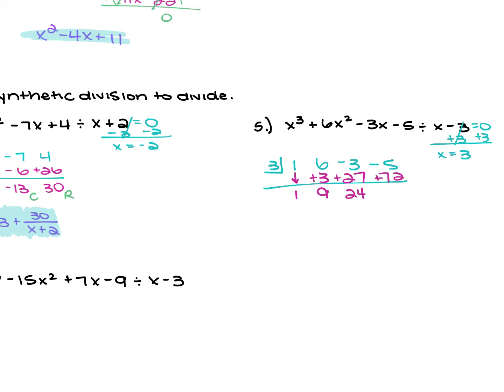We add that with the negative 5, or subtract 5 from 72, and we're left with 67. So the 67 is your remainder, the 24 is your constant, the 9 gets an x, the 1 gets an x squared. So we just have x squared plus 9x plus 24 plus 67 over x minus 3.